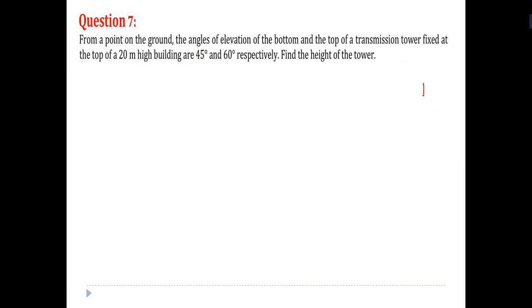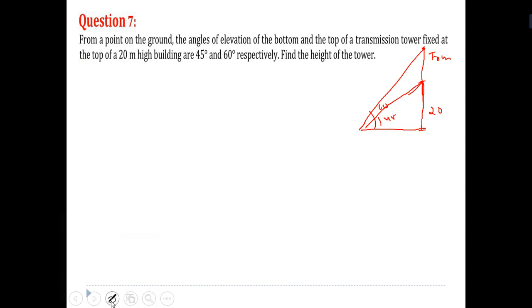So there is one building, that is 20 meter, and above there is a transmission tower. So from top and bottom, one is 45 and another is 60. Here it is 45 and here it is 60. That way we have to do the figure.